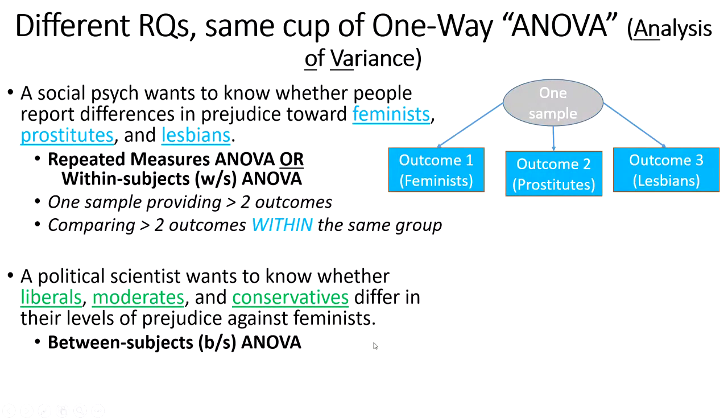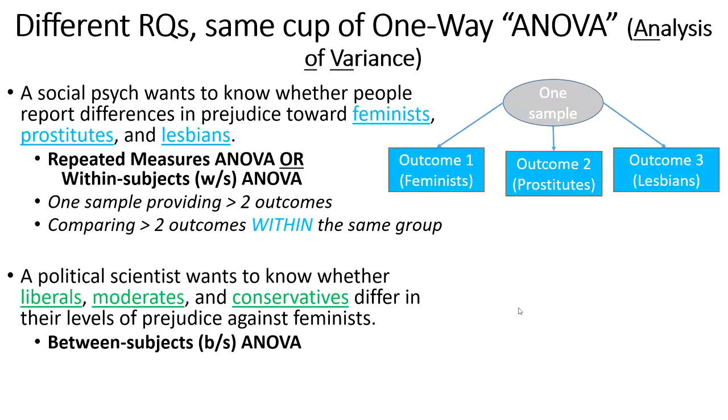And luckily there's only one term here, between subjects ANOVA. It's not called anything else, because I just hate having more than 2 terms for the same damn thing. I'll abbreviate that as B/S in the lecture from now on.